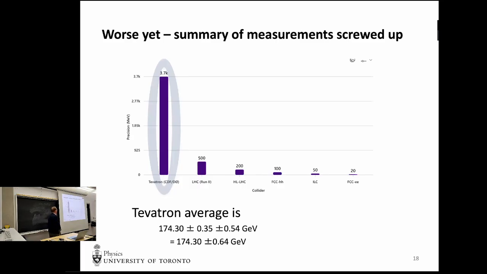Most importantly, when it actually summarized all the measurements, it got this one completely wrong by an order of magnitude. This number is not 3.7 GeV. It's actually 640.64 GeV. Okay, only a factor of 5, not an order of magnitude.